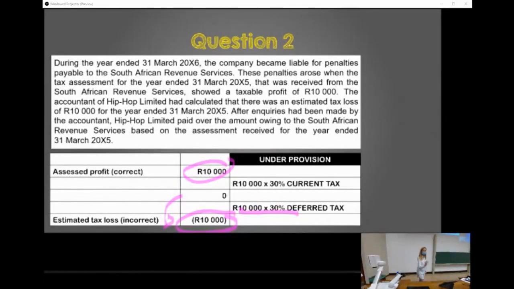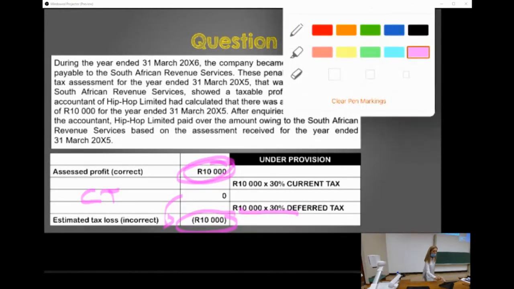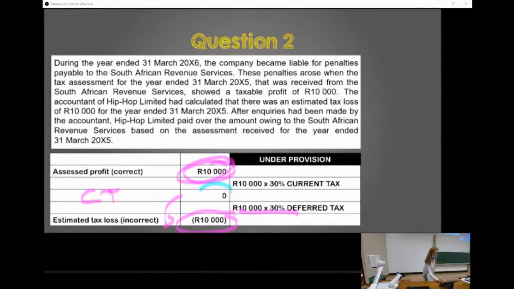So for current tax, we provided for current tax in the prior year. We said, okay, we have a loss, so we don't have to pay any current tax. So our current tax in the prior year, we said, was 0. However, our current tax should have been 30% of 10,000 Rand. So the movement from the 0 to the 10,000 Rand is an under provision for current tax.